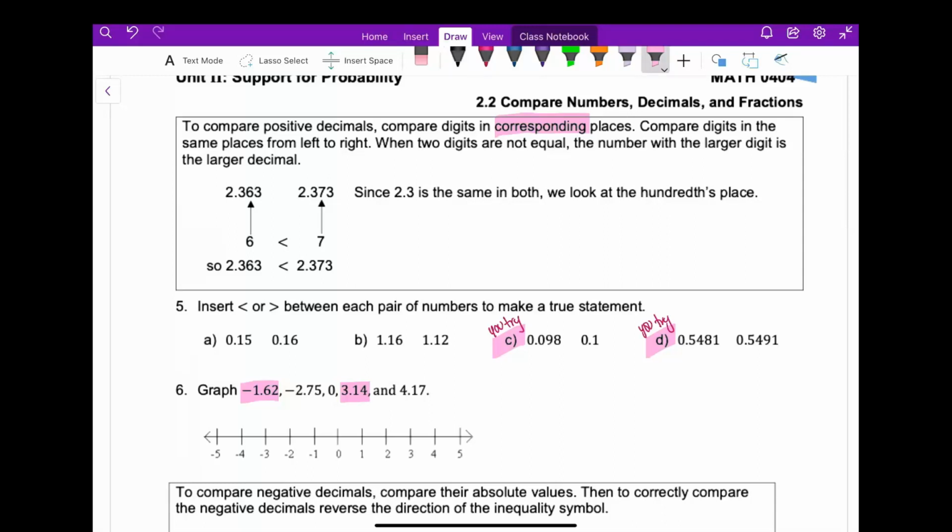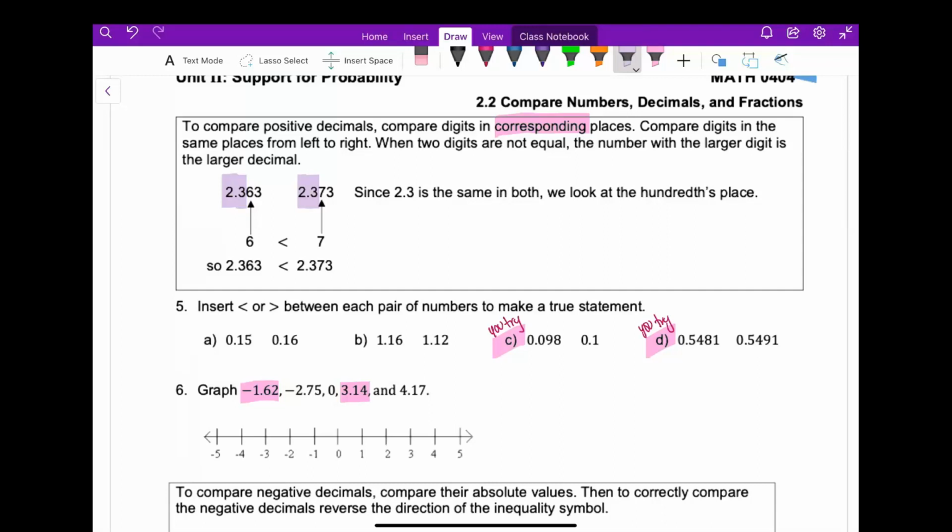Let's take a look at the leftmost number, the 2, then the 2. See how they're the same? We move on. 3, 3. They're the same, we move on. It's when we get to the 6 and the 7 that we realize this is where the numbers become different.